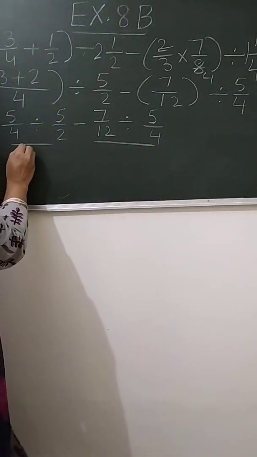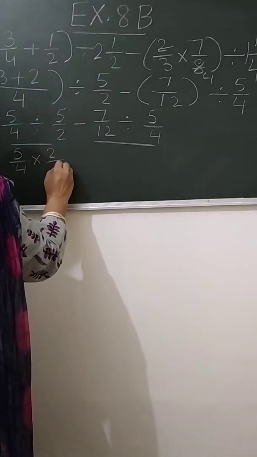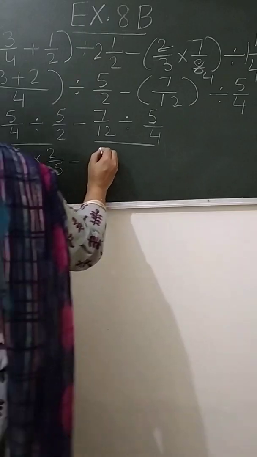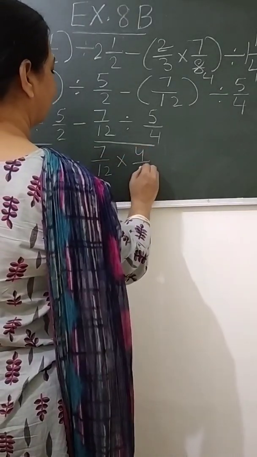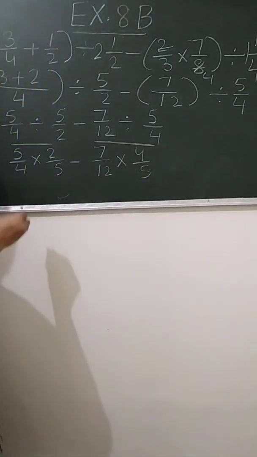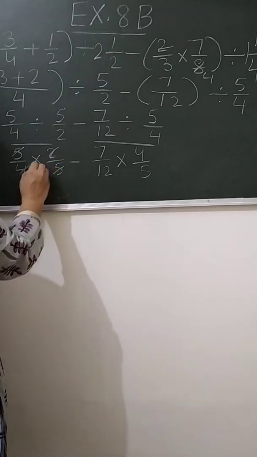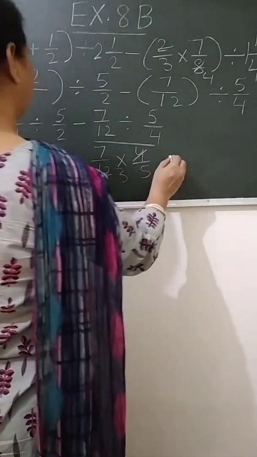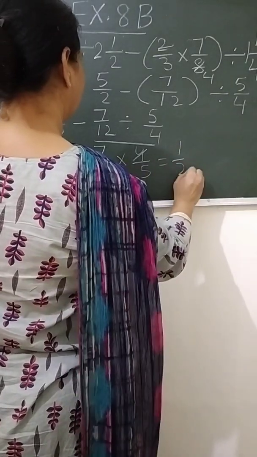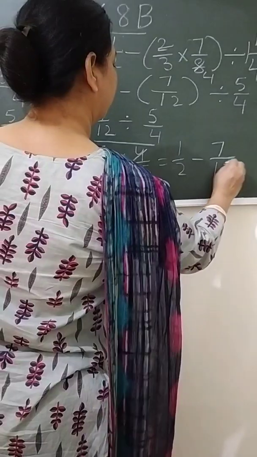So this is 5 by 4 multiply 2 by 5 minus 7 by 12 multiply 4 by 5. So 5 is cut with 5, 2 is cut with 2, 4, 2 2s are 4 here. This is 4, 3s are 12. We get 1 by 2 minus 7 by, this is 3 5s are 15.